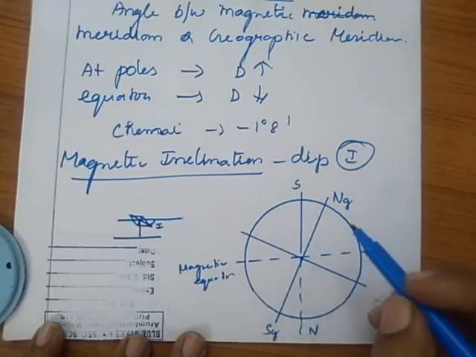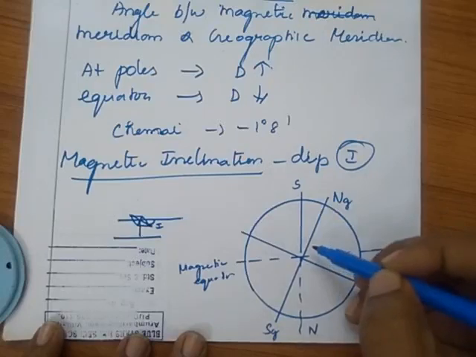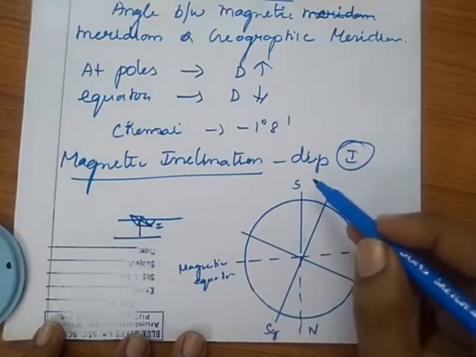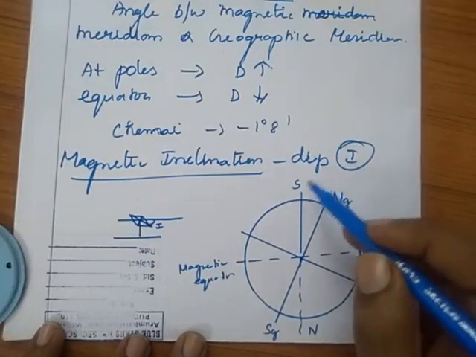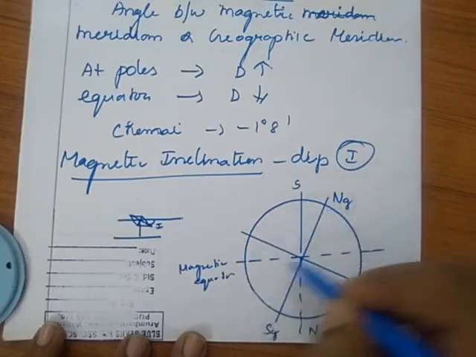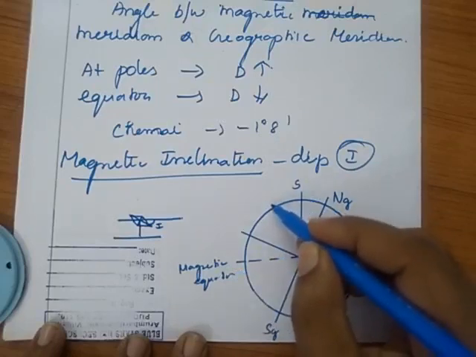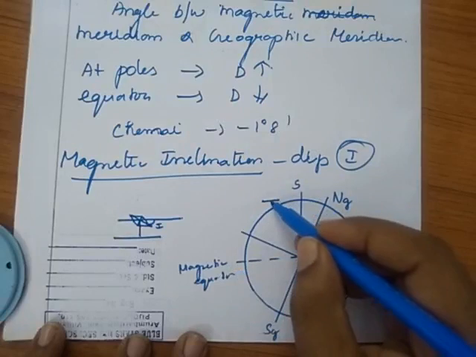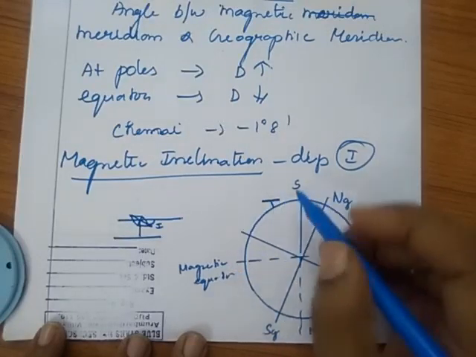If I place a magnetic needle that is fixed on a horizontal axis and rotates in a vertical plane, it will look like this.